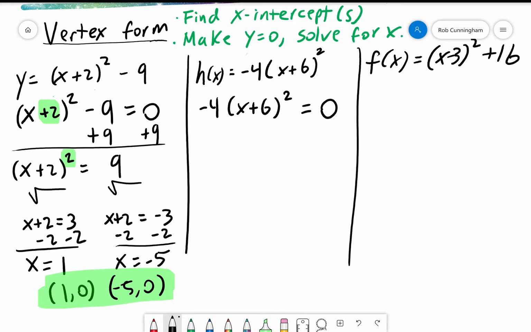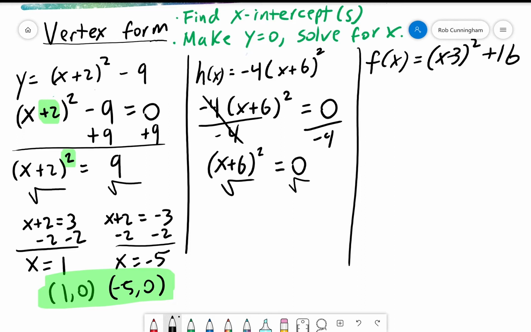Again, y equals 0. I'm going to start by dividing both sides of the equation by negative 4. On the left side it cancels. On the right side, 0 divided by negative 4 is still 0. So I get (x + 6) squared equals 0. Again, the way you undo a square is by square rooting. Okay?